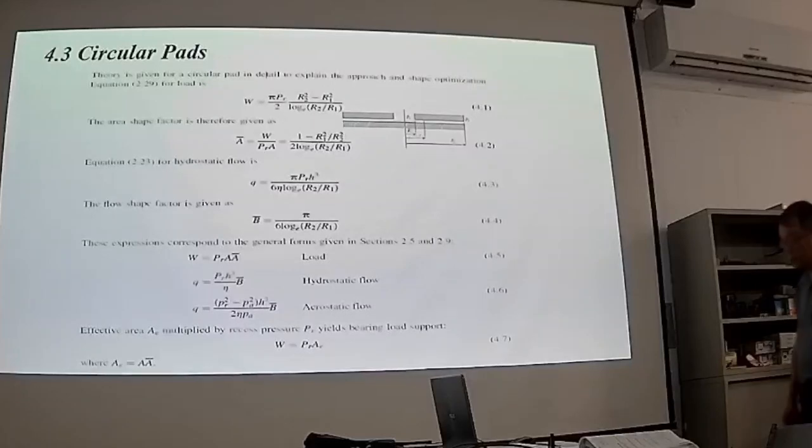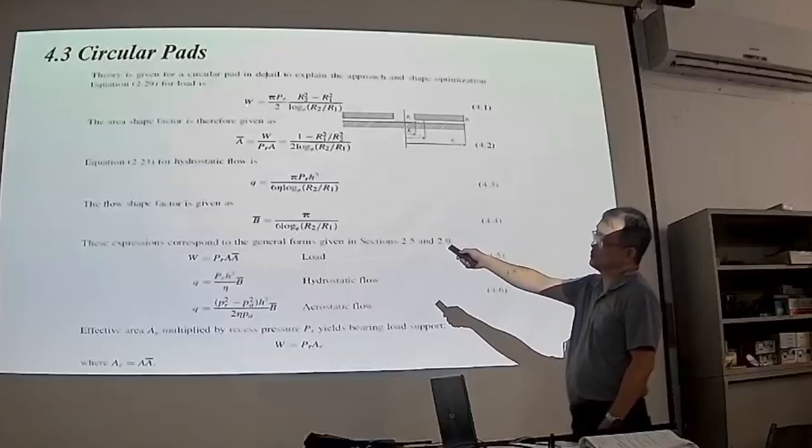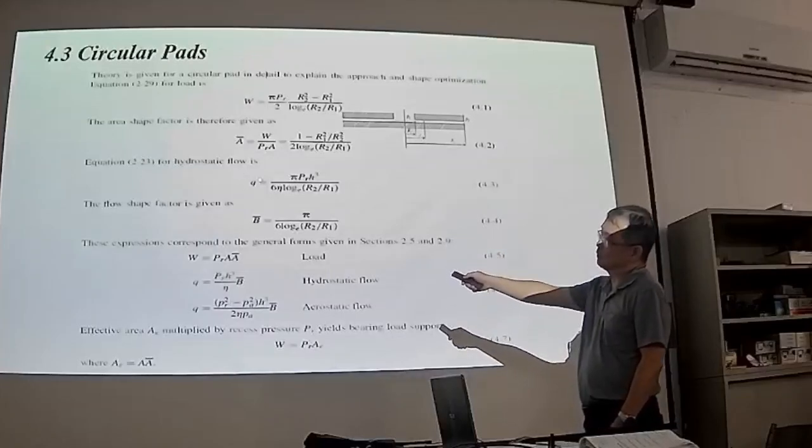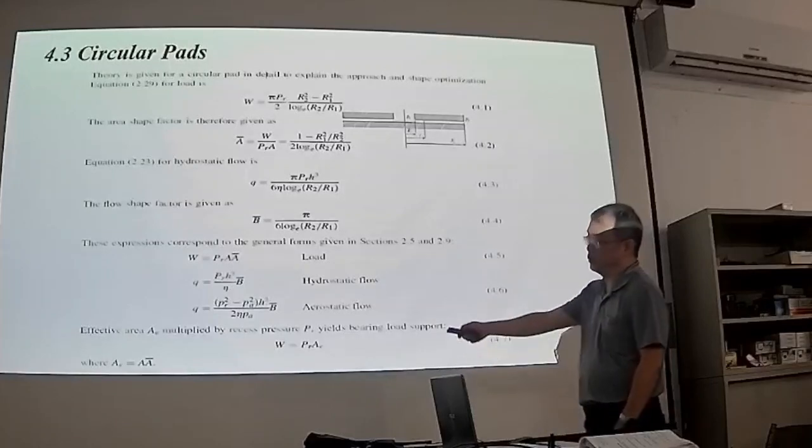And in this case, the load capacity W and volume flow rate Q can all use this new notation, A bar or B bar.